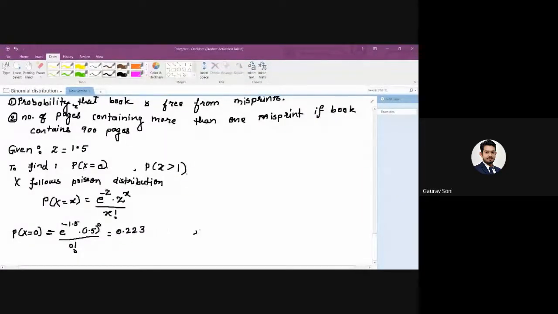And probability of x greater than 1 is equal to 1 minus probability of x less than or equal to 1.